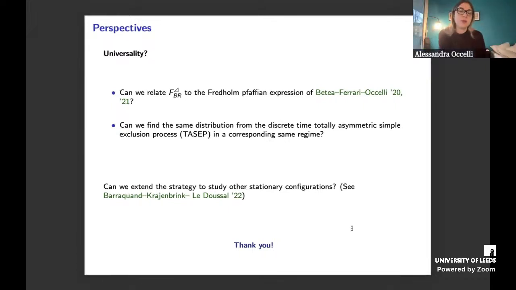this should be related to the works by Baik-Rains, where they studied the problem of longest increasing subsequence in random permutations with various symmetries. This is one of the five cases that they look at. They look at the non-symmetrized, so basically full space, random permutation.